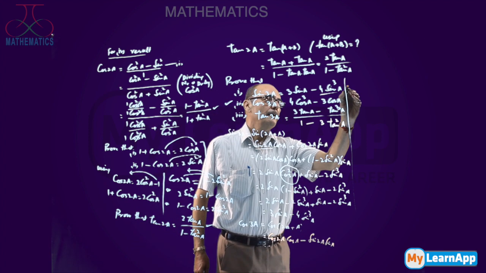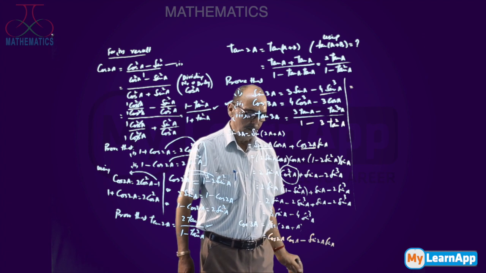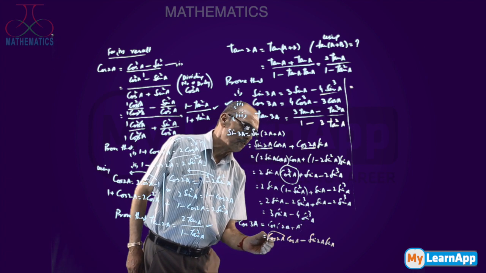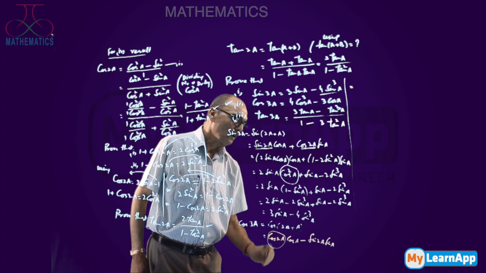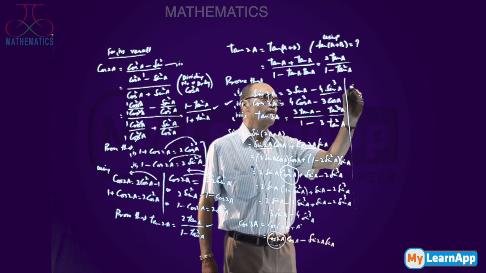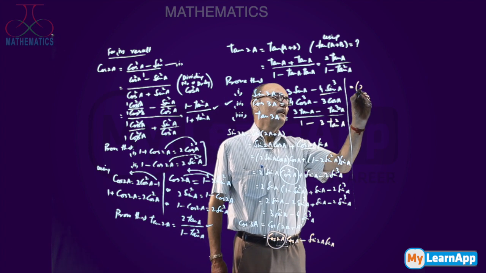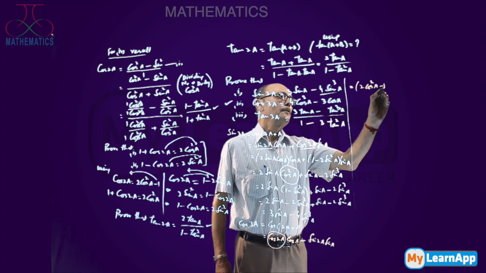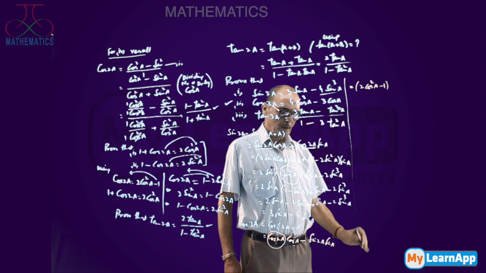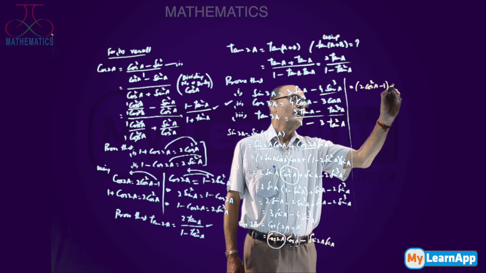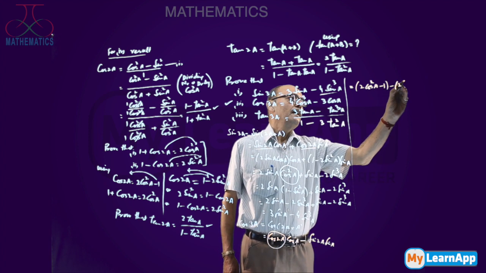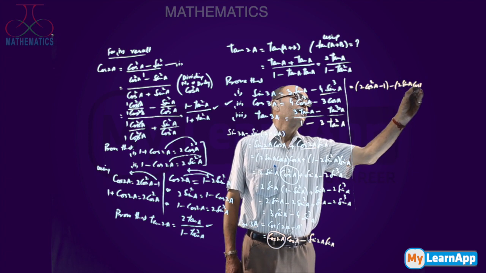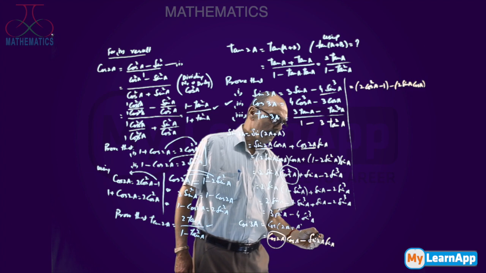We continue here. Replace this cos 2a by 2 cos square a minus 1, minus 2 sin a cos a, which is for sine of 2a, into sine a.